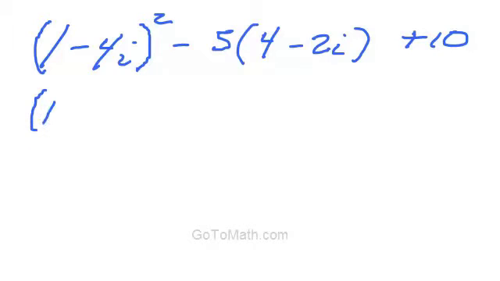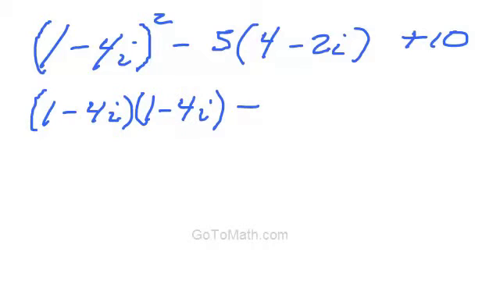Okay, so we have 1 minus 4i times 1 minus 4i. I'm going to go ahead and distribute this across. We have this minus 5 times negative 4i, that's minus 5 times 1 is minus 5, negative 5 times negative 4i is plus 20i... and then plus 10. Okay, but we still need to multiply this thing out.